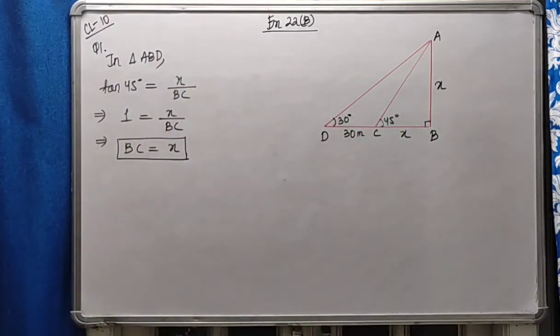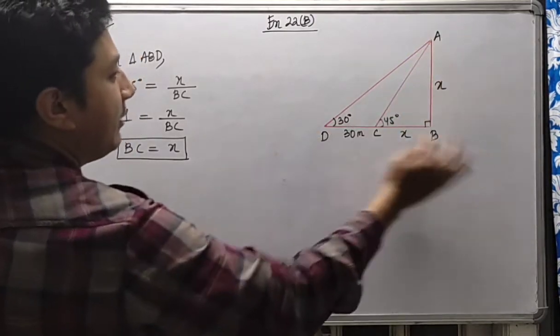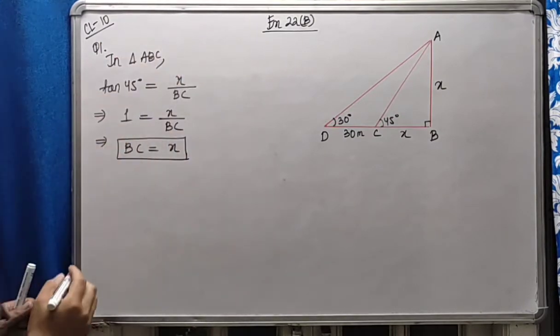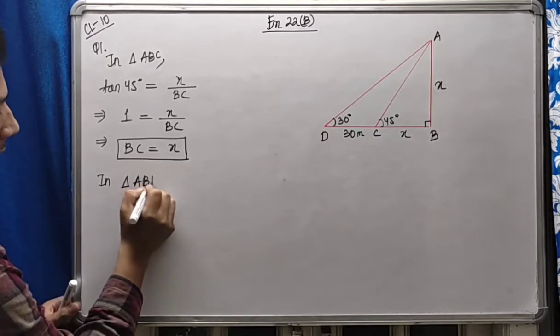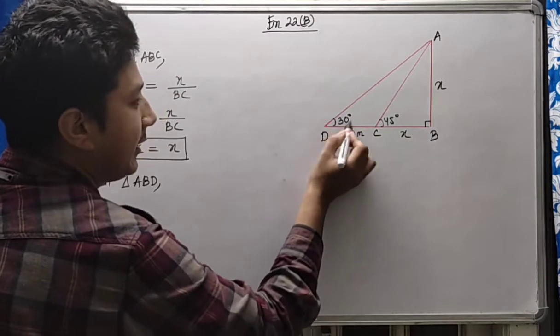Now we'll take the other right angle triangle, that is ABD. So in triangle ABD, now the angle I'm taking is 30 degrees.